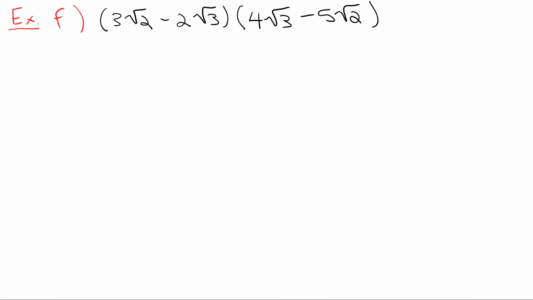What we want to do here is still apply the principles of FOIL, because even though we are dealing with radicals, those rules still apply. If you remember from grade 10, FOIL: we are going to be doing first, outer, inner, and then last.